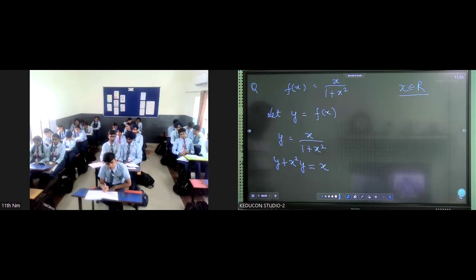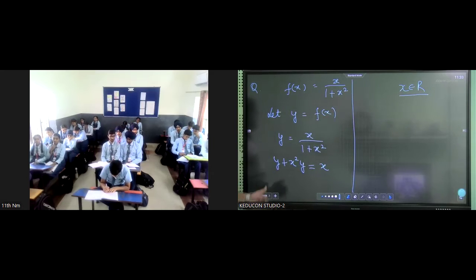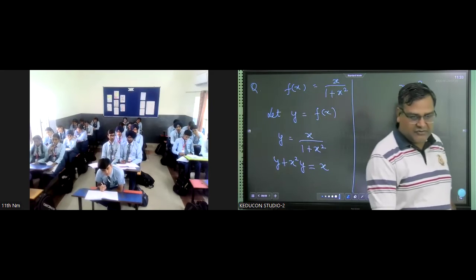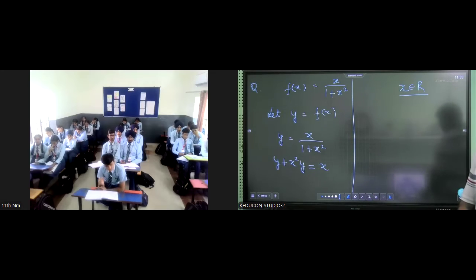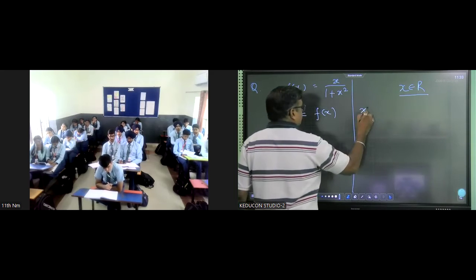Any doubt in this, students? यहाँ तक कोई डाउट है तो बताइए जी. Can you convert this function into y now? Yes, students. Can you do it or not? Now what does this become?